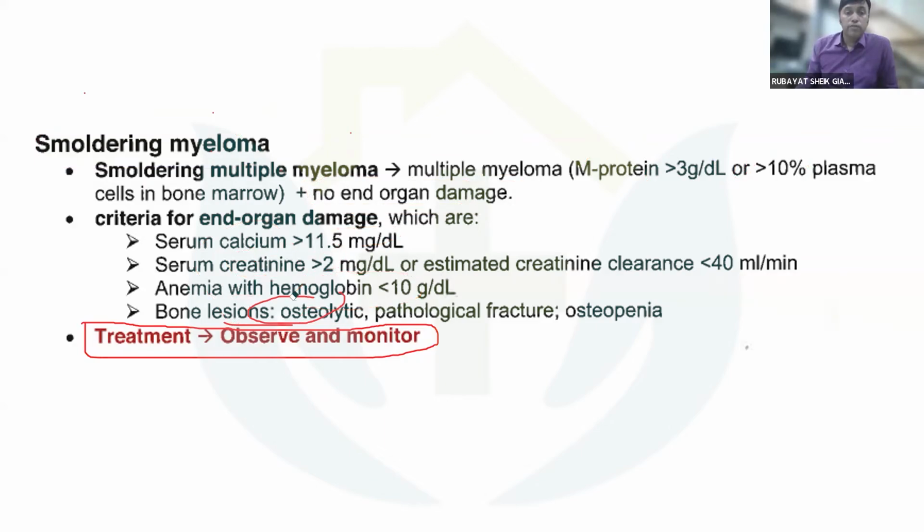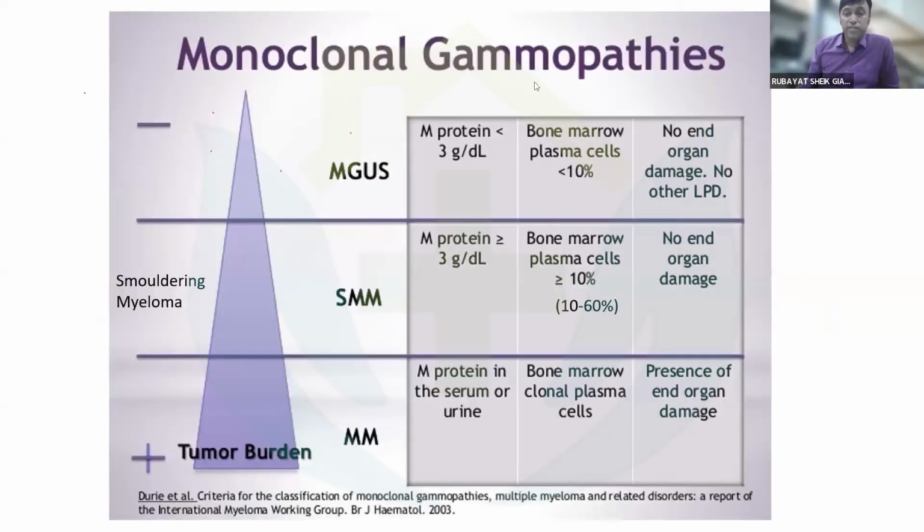Okay, so be careful with these three conditions: smoldering myeloma, MGUS, and multiple myeloma. So here is the difference between the three conditions given in a single chart. Okay, you have MGUS at the top here, where the paraprotein levels are low, plasma cells low, no organ damage. Smoldering myeloma, plasma proteins high, plasma cells in bone marrow high, no organ damage.